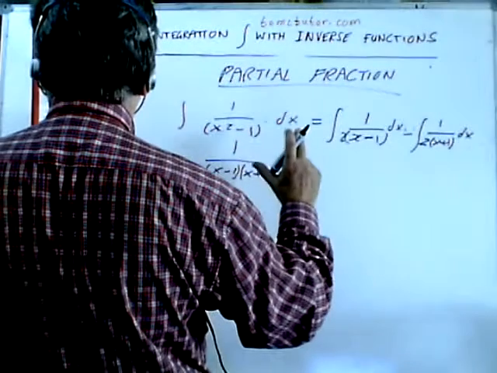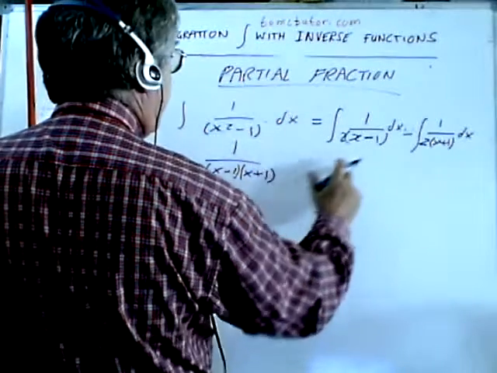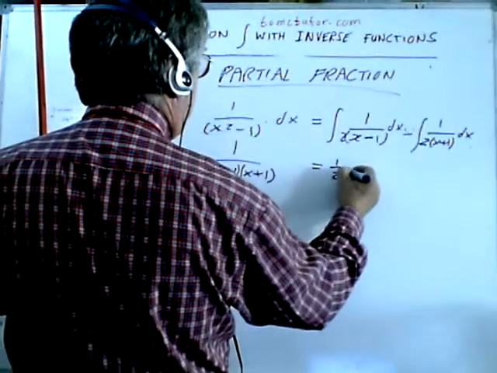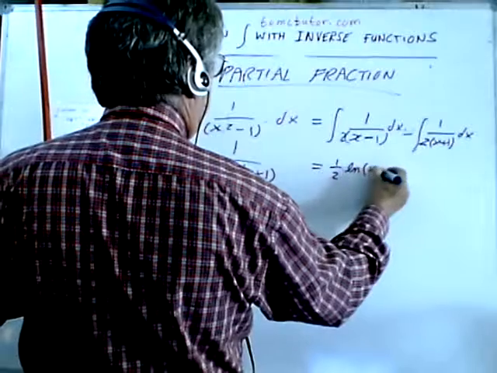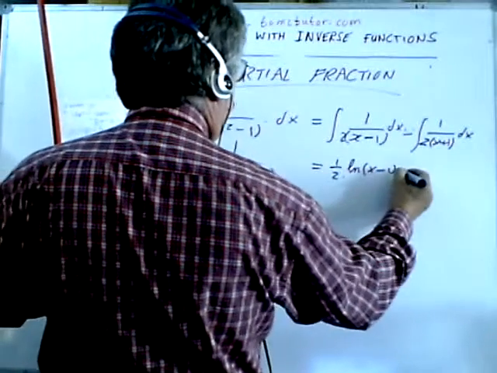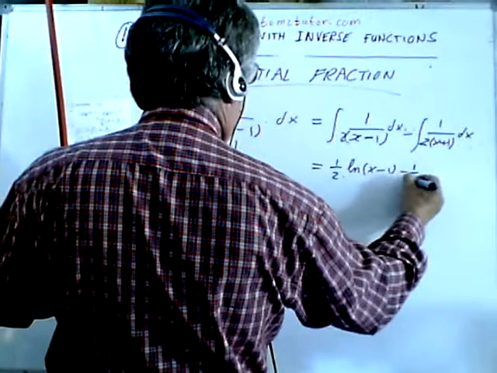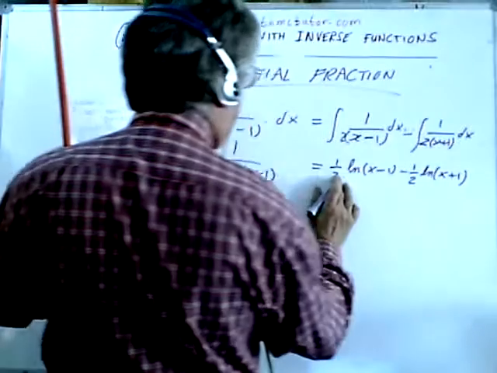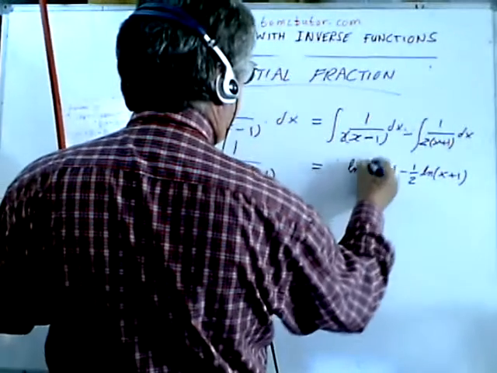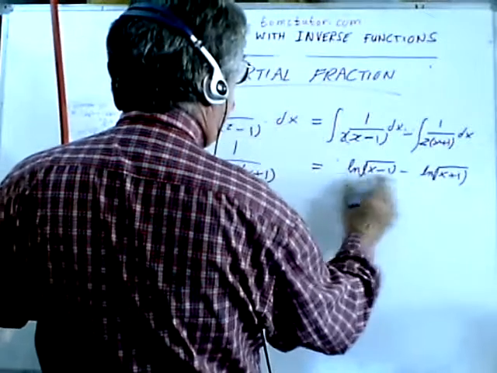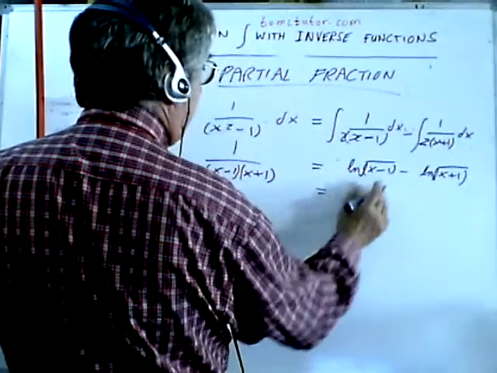So what we now have is we can simply integrate that by inspection. It's just a half of log n of x minus 1, minus a half of log n of x plus 1. That half can be taken as an index, a square root, and that's the quotient of that over that.